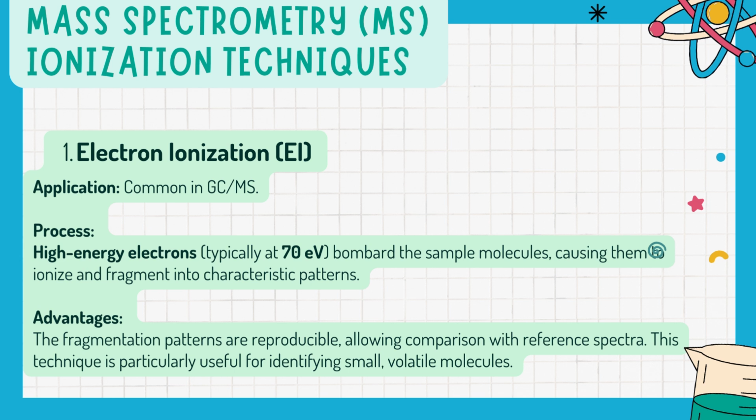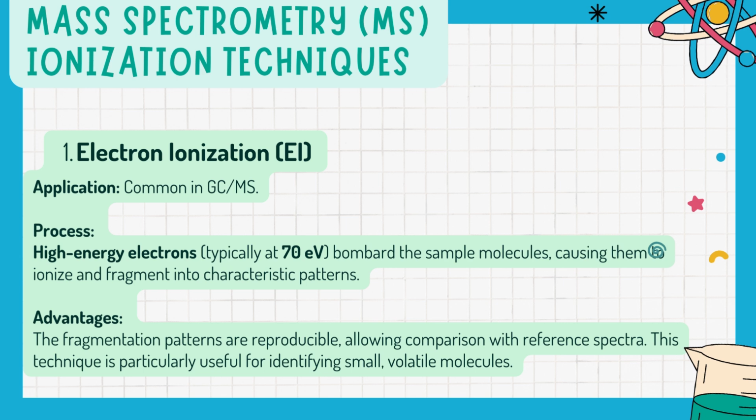This is followed by electron bombardment: the sample is bombarded with high energy electrons, typically 70 eV, generated by an electron source. And then ion formation. So again, sample introduction, electron bombardment, and ion formation.